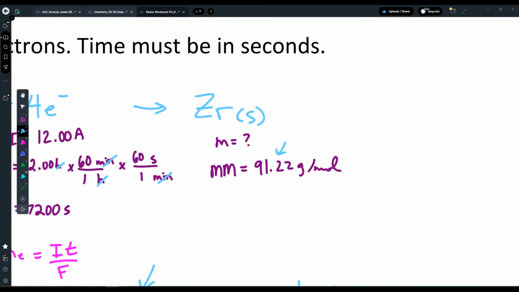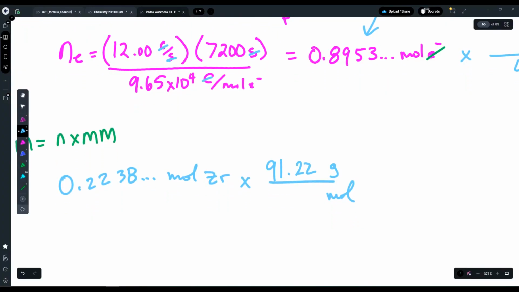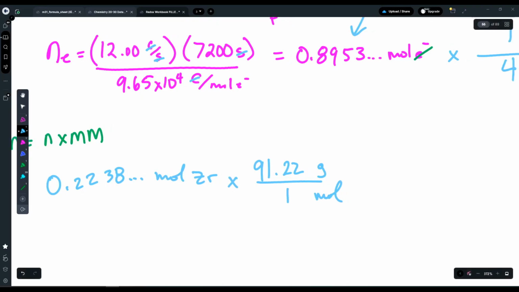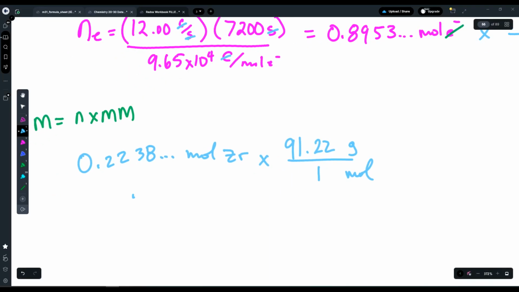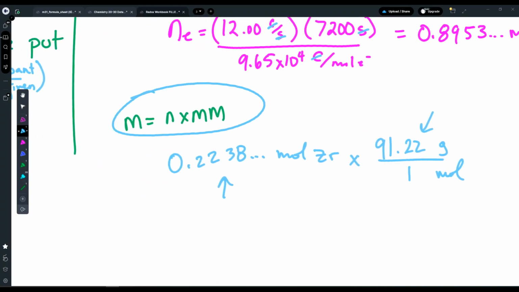This number is going to go wherever the grams goes, so I'm going to put that in the numerator. And if it really bothers you to not have a number in the denominator, you would put a 1 there. So we're going to take our moles of zirconium and multiply it by our molar mass of zirconium, which is exactly what we do here.